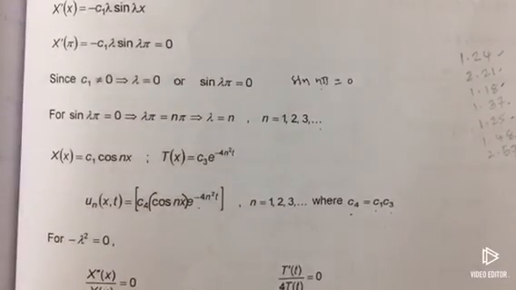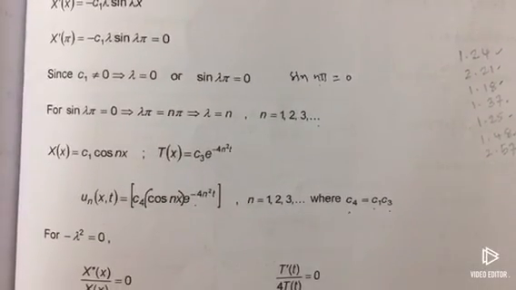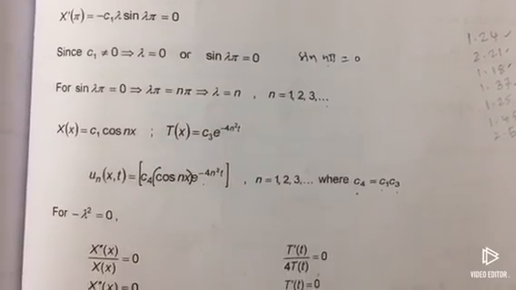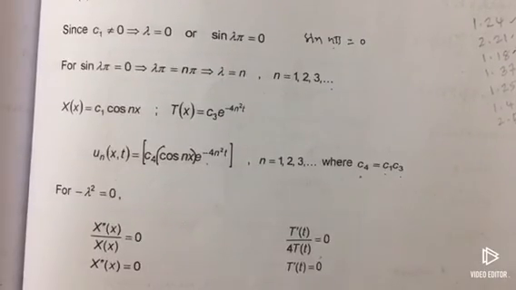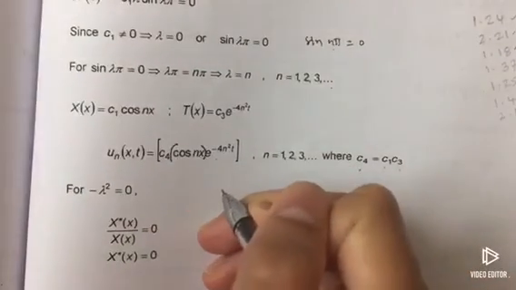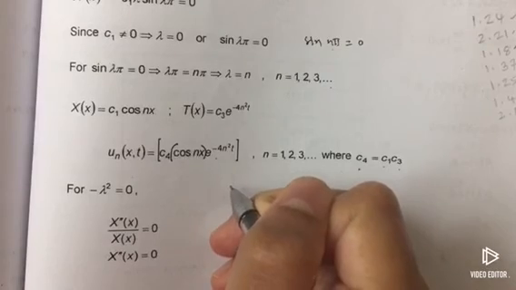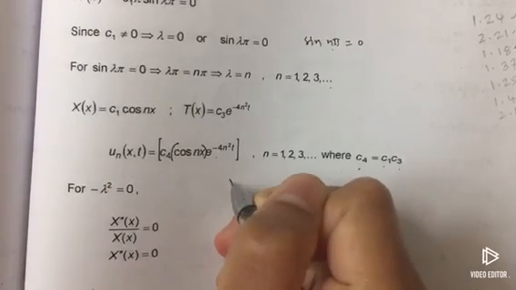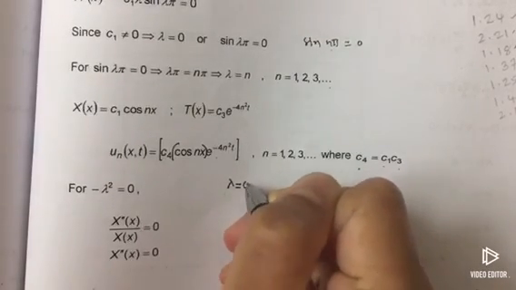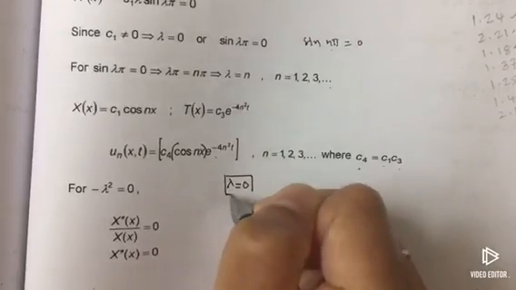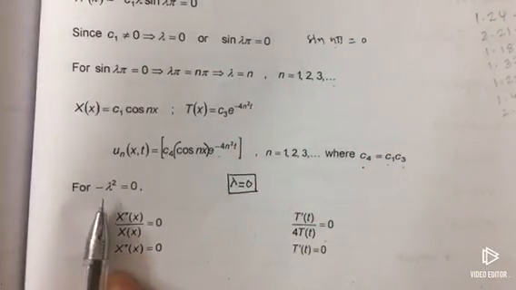Okay, next we proceed with lambda squared equal to 0, because in condition 1 and condition 2 just now we got lambda equal to 0. That's why we need to consider this value.